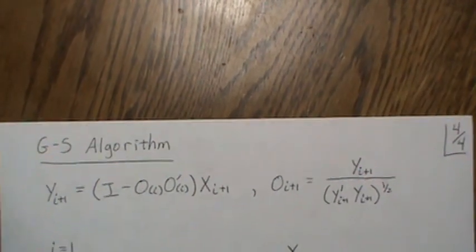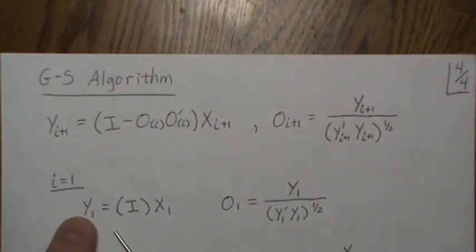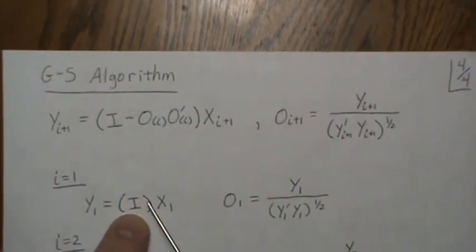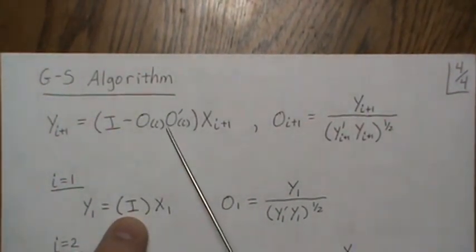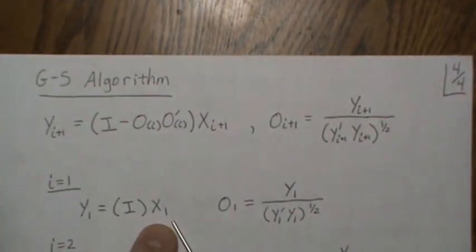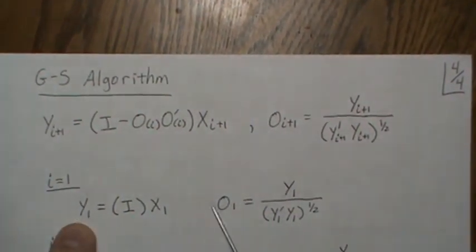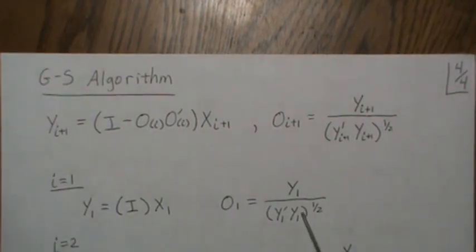Normalize it to 1. Okay. So on step 1, y1 is I minus the first, it's 1 less, so the first 0 columns, so it's nothing. So it's just I, and then take it times x1. So y1 is x1, and then we normalize it, so it's a length of 1.